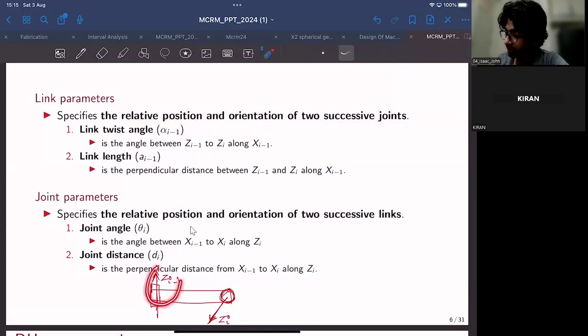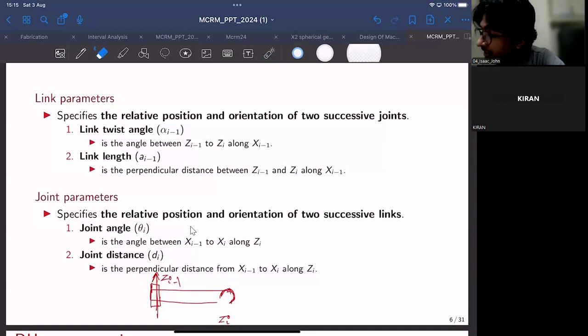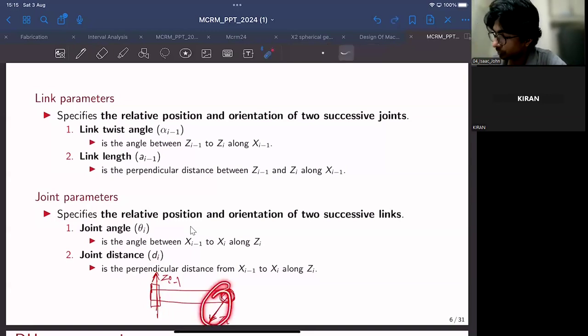So if you consider these joints to be adjacent to each other, one of the joints is facing upward along the vertical direction, and the other is facing out of plane, like so, perpendicular to each other.